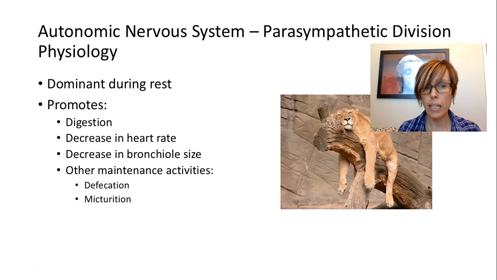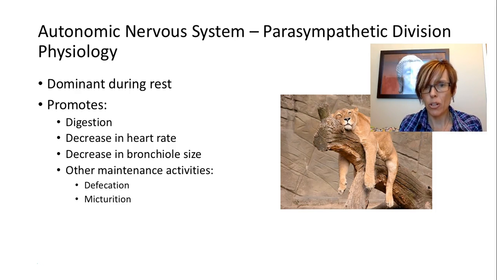So things like defecation, pooping. Motility in your digestive tract is working just fine, so you should be able to go poop. When you really think about it, you have to be somewhat relaxed to poop. You know what it's like when you go over to someone's house and you're kind of nervous. You can't go poop in someone's house or in a public place.